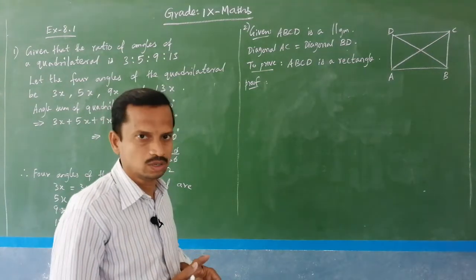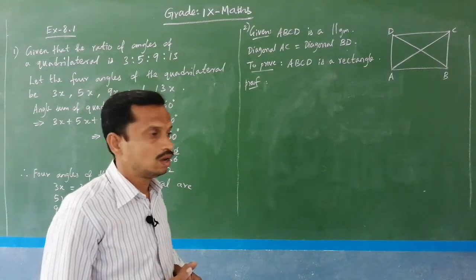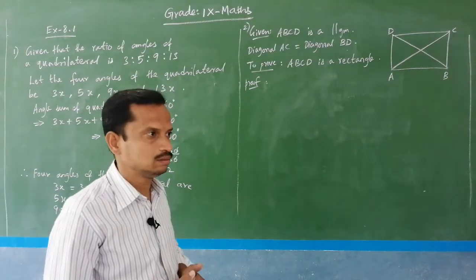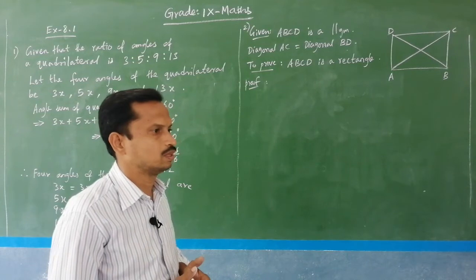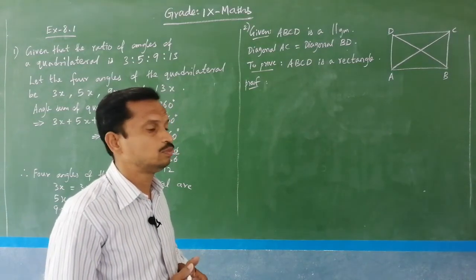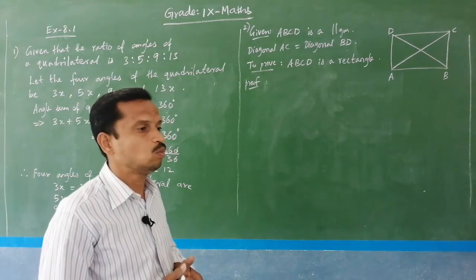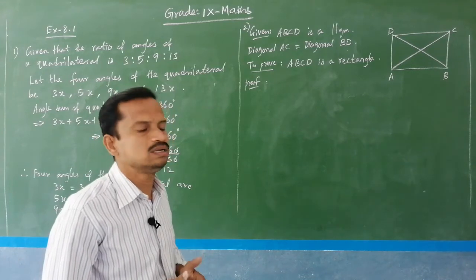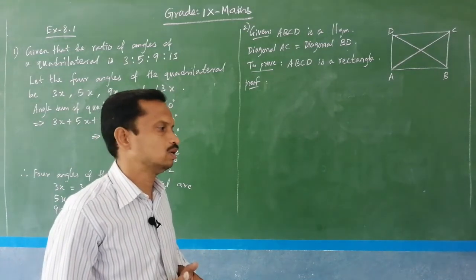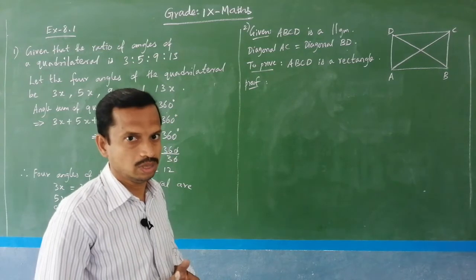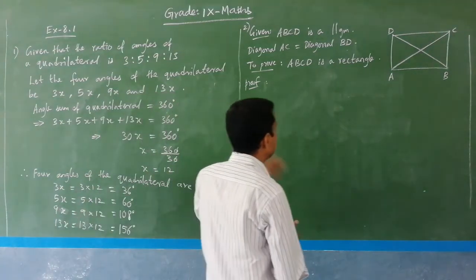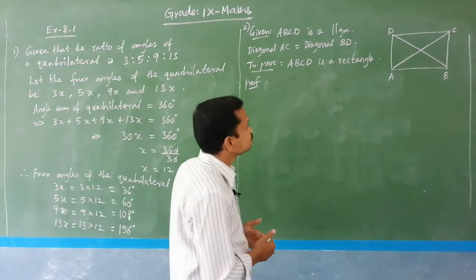So, we take AC and BD equal, it is given, and we have to prove ABCD is a rectangle. To show a parallelogram is a rectangle, we need to prove that any one angle out of the 4 angles is 90 degrees, then that parallelogram becomes a rectangle. Okay. So, you see how to prove this.